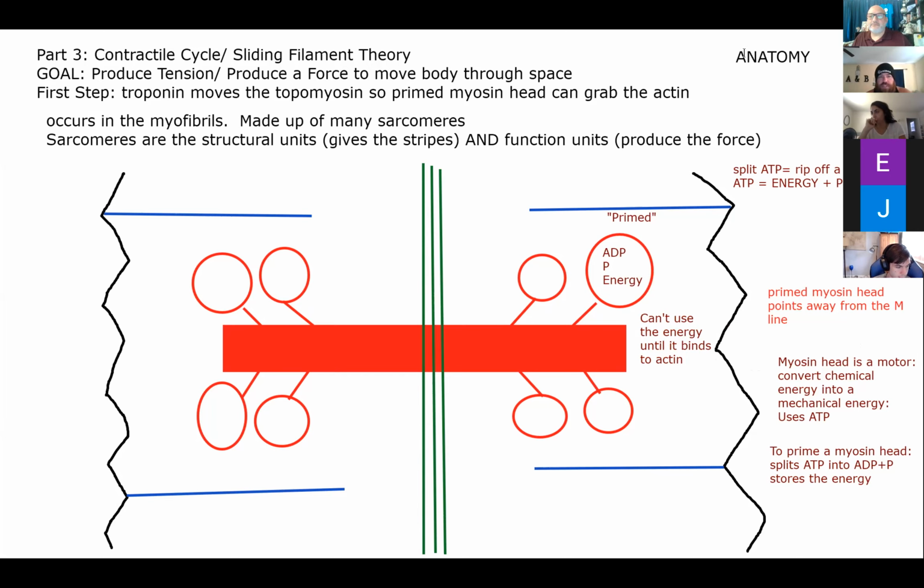Is that just like potential energy? Yeah, essentially it's a stored potential energy. Just like I have that ball that I'm holding at the top of a hill, it has a tremendous potential energy. And as soon as I let go, it rolls down the hill, right? As soon as the regulatory protein is removed, it's able to bind. And when it binds, it's finally able to release its energy.